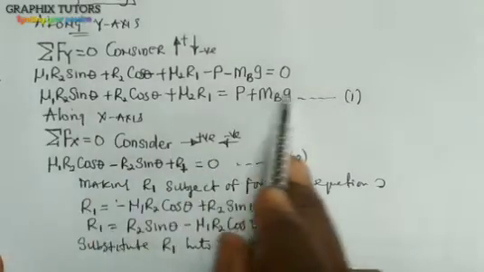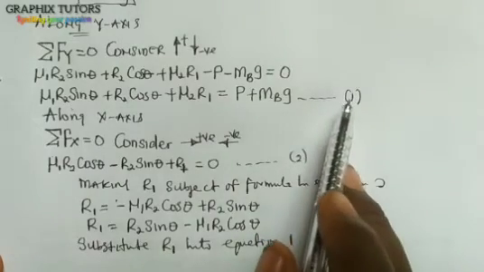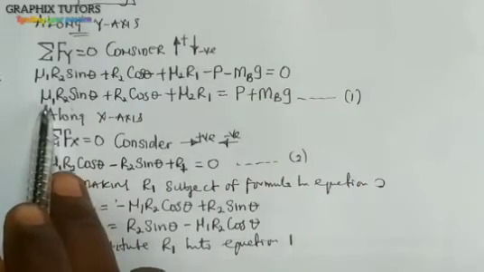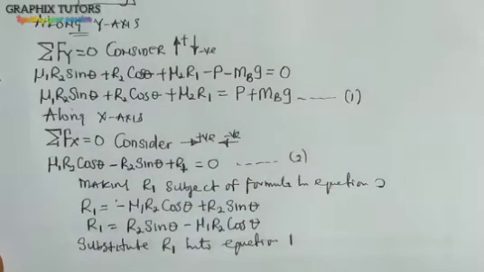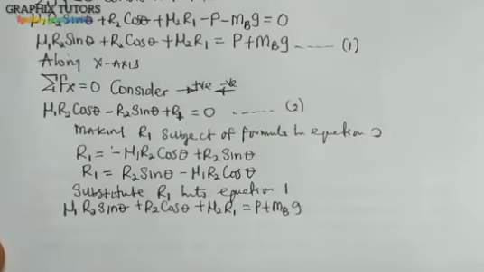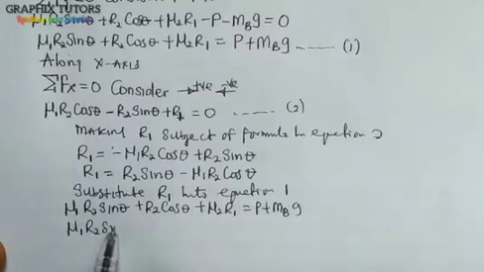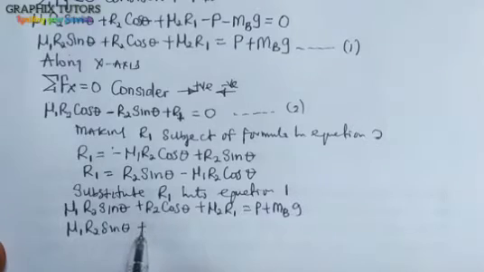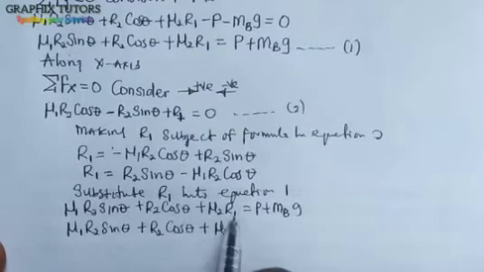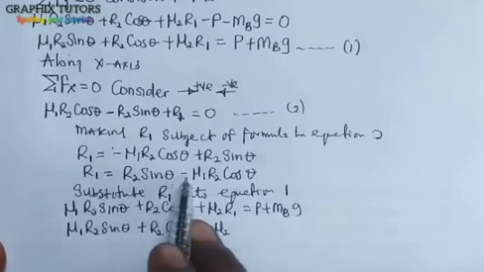So to make things easier, I will write it out. Writing it out, this is what I have. So let's start putting in our R1. So we have mu1 R2 sin theta plus R2 cos theta plus mu2, and I'm going to input the value of R1.